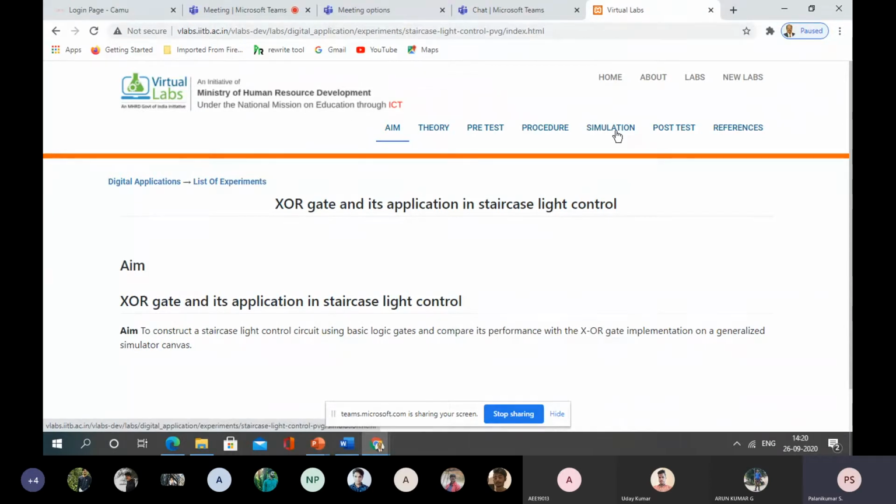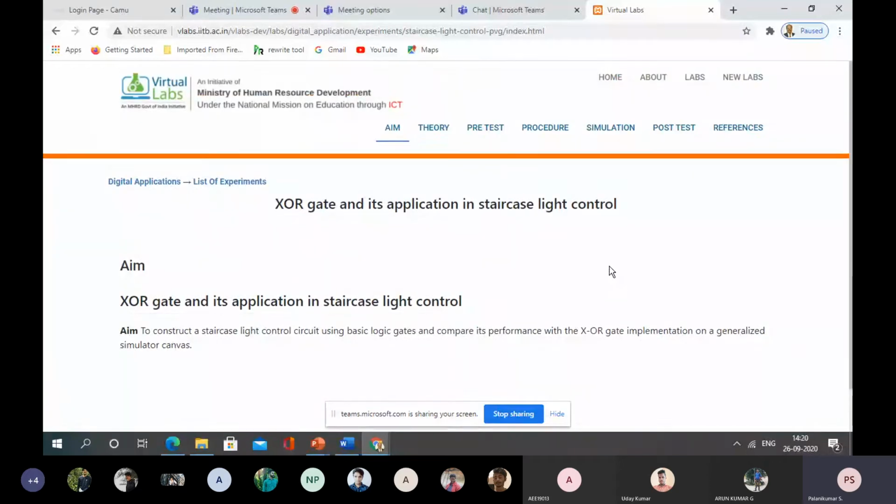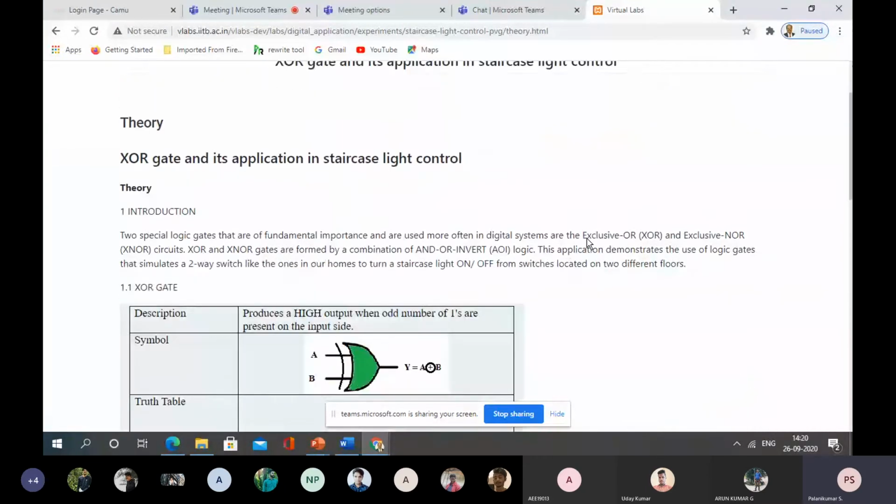Many experiments are in a scattered way, incorporated in many labs. So this is the experiment. I have prepared a link, so immediately you will get the XOR gate and its application in staircase light control. This is the experiment we are going to do. So you know very well. We are using particular TTL logic.